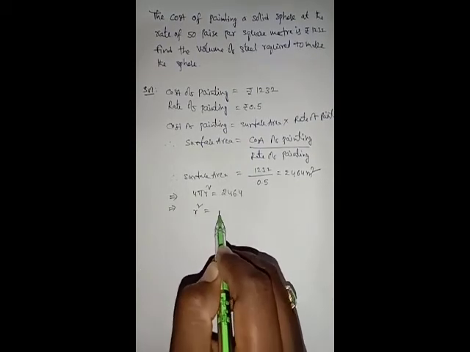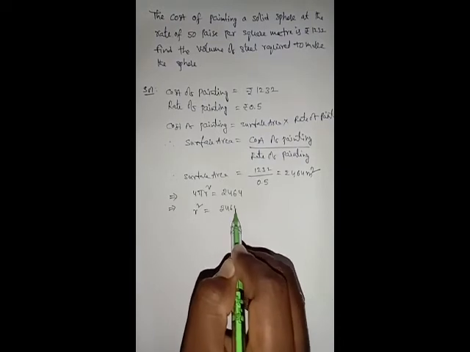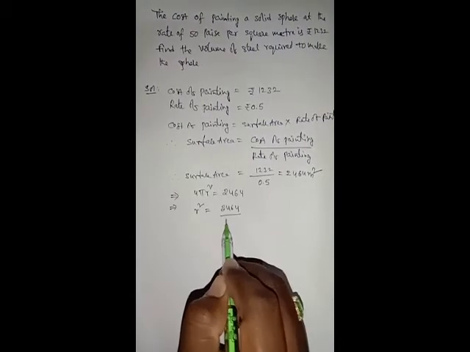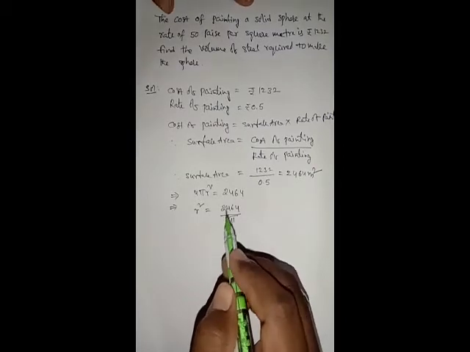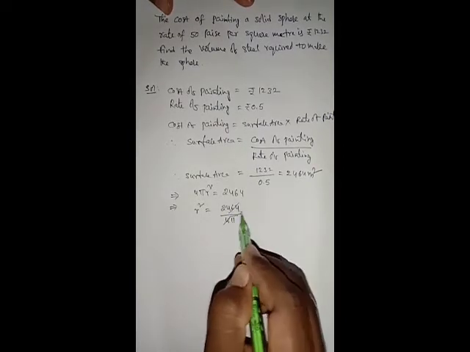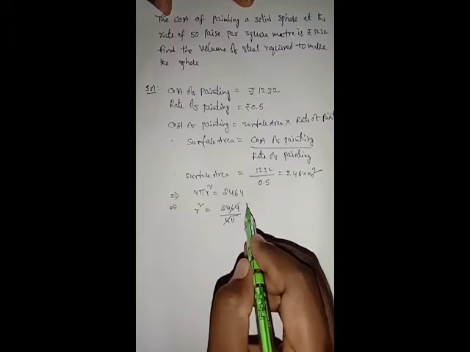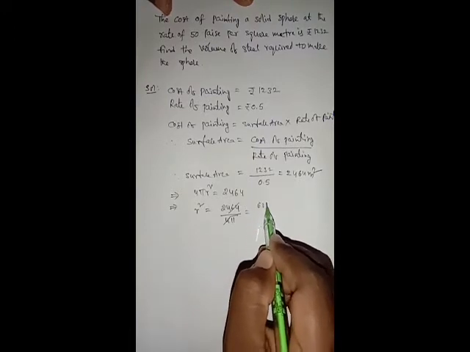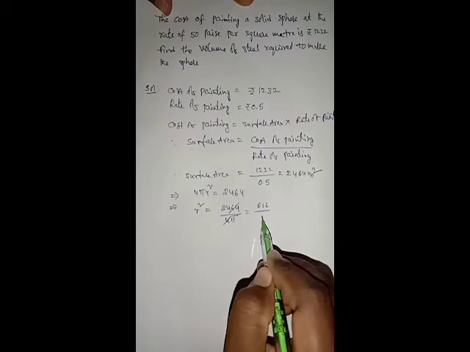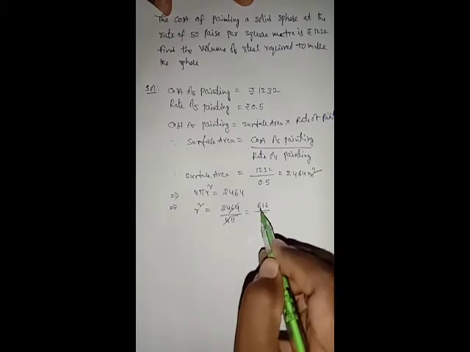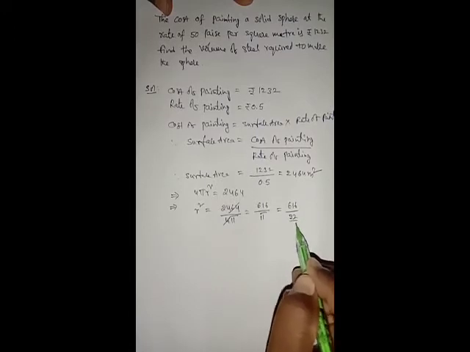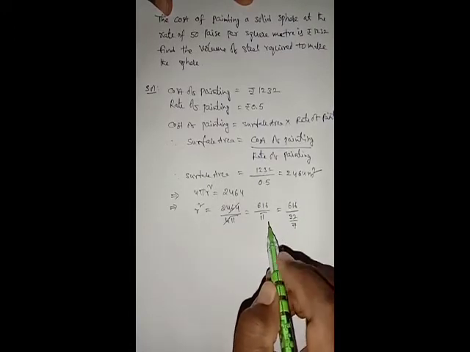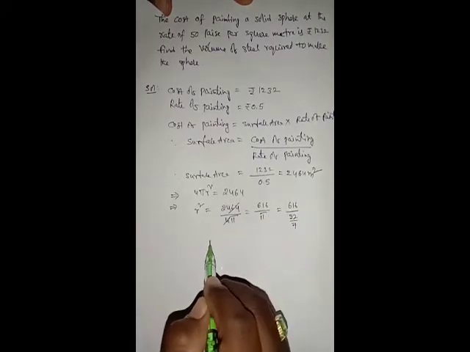First find r square. r square equals 2464 by 4π. Okay, children, 4 ones are 4, so 2464 divided by 4 is 616, so 616 by π. The value of π is 22 by 7.